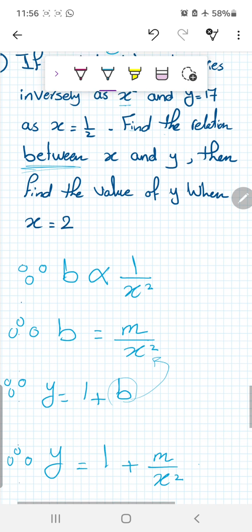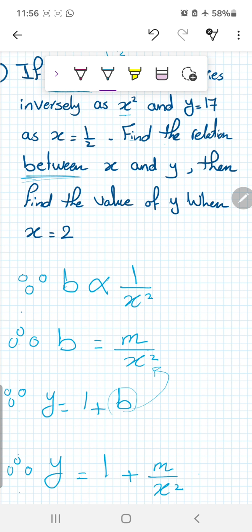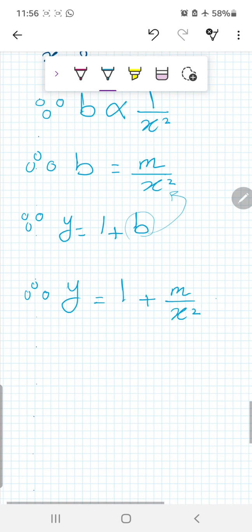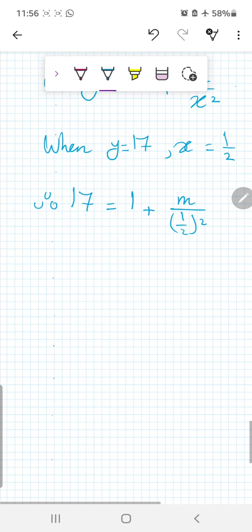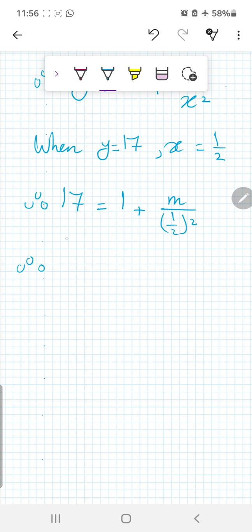If y equals 17 when x equals half, so when y equals 17 and x equals half, direct substitution. We get 17 equals 1 plus m over half all to the power 2. Move 1 to the other side by negative.